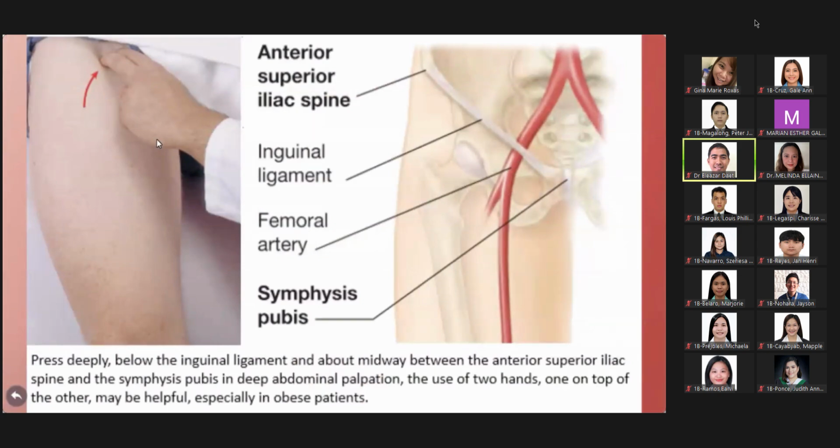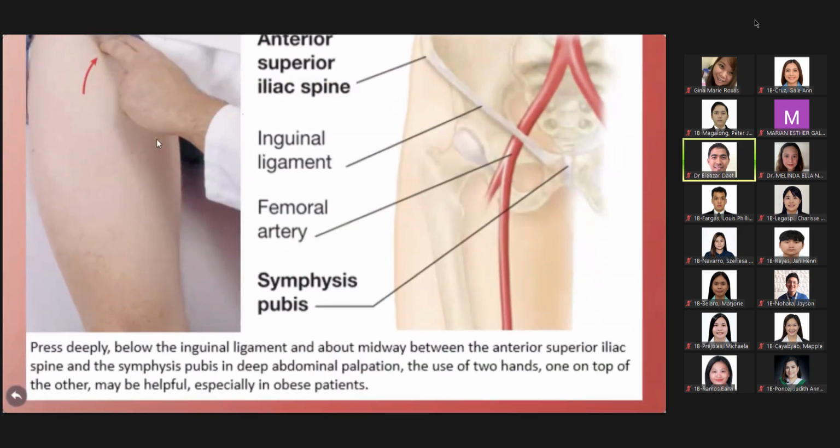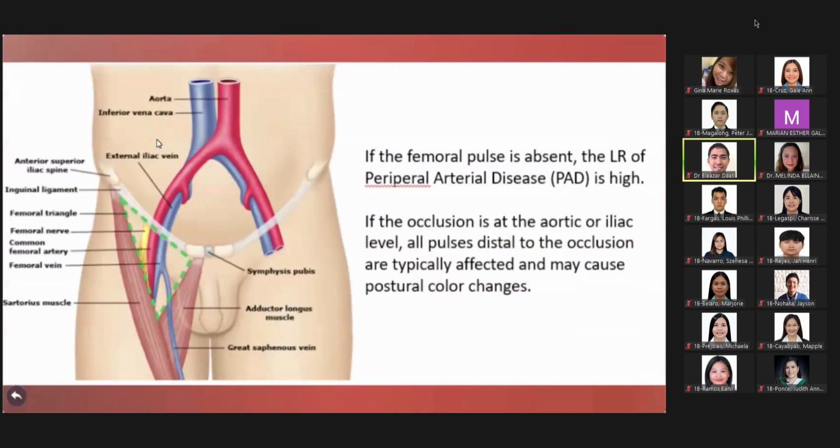In obese patients you can use two hands, one on top of the other. If the femoral pulse is absent, the patient likely has peripheral arterial disease. The occlusion can be here, or it can be in the iliac artery.